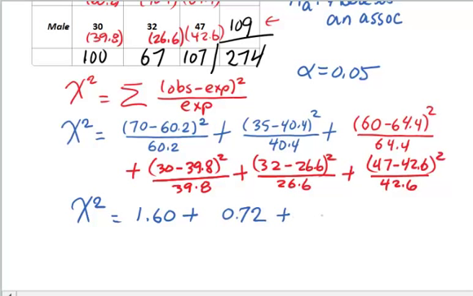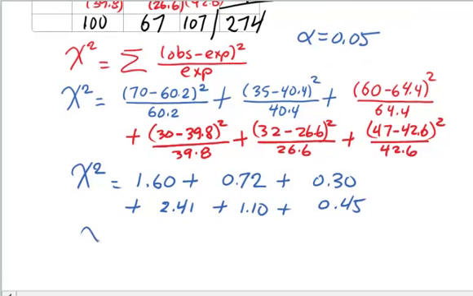Third is 0.30. The fourth, 2.41, 1.10, and finally 0.45. And when you add all those 6 numbers up, you will get a chi-square calculation of 6.58.